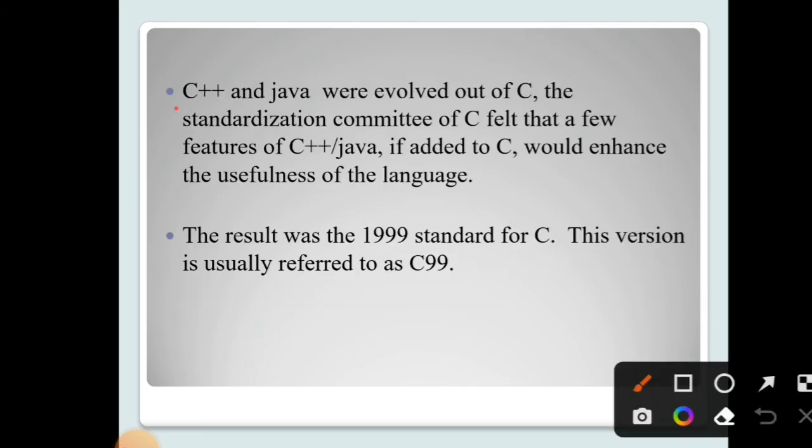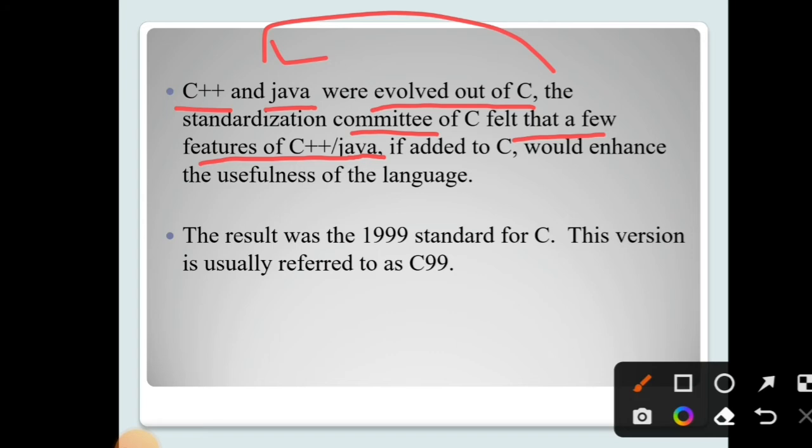Next, C++ and Java evolved out of C. The Standardization Committee of C felt that adding a few features of C++ and Java to C would enhance the usefulness of the language.